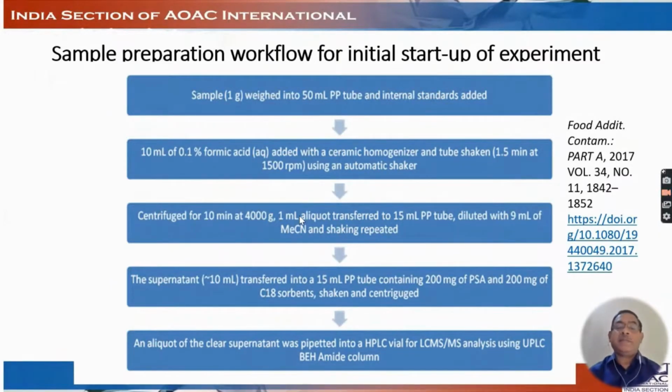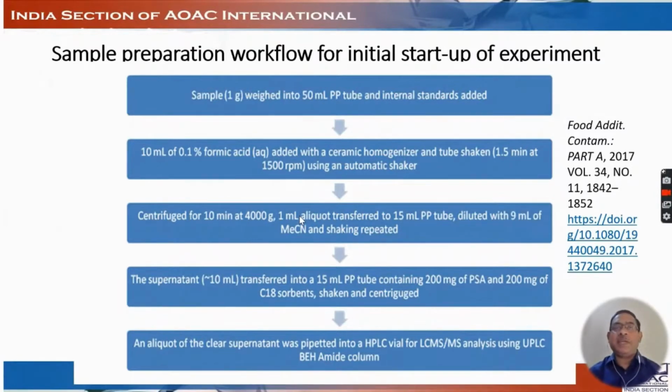Then it's centrifuged. After centrifugation, an aliquot is taken. This aliquot is diluted with 9 ml of acetonitrile and again shaken. Then from this you take the aliquot. This is subjected to cleanup using primary secondary amine and C18 sorbents by dispersive solid phase extraction cleanup.